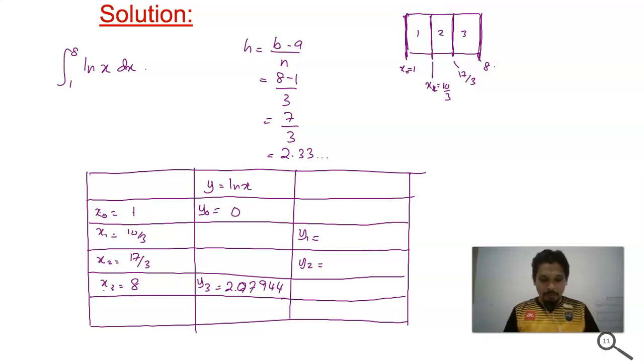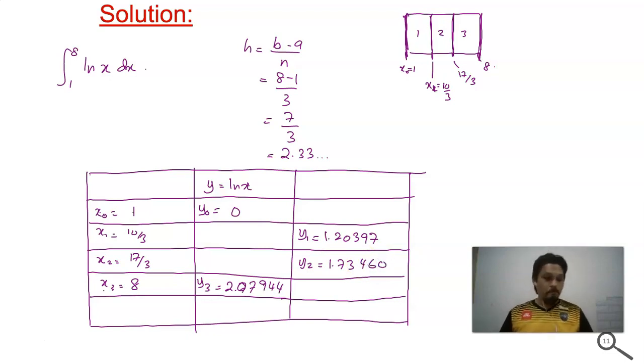Okay, natural log of 10 divided by 3. If you can see it on my screen here, it gives you 1.20397, and you may test also 17 over 3, put it here, it gives you 1.73460.